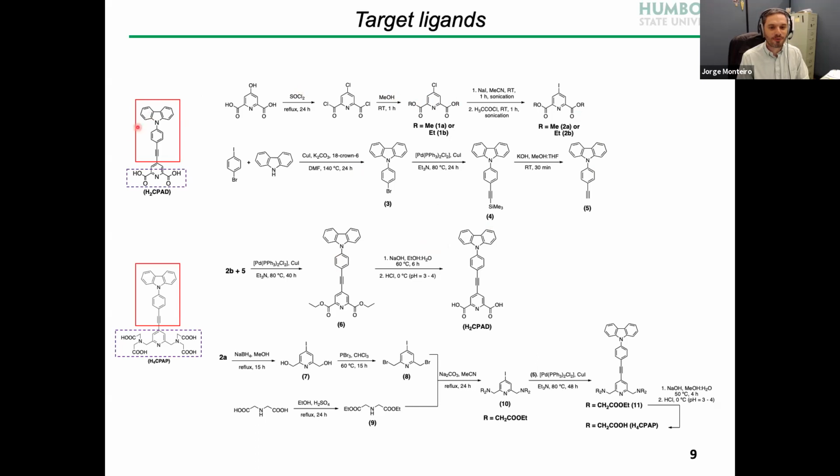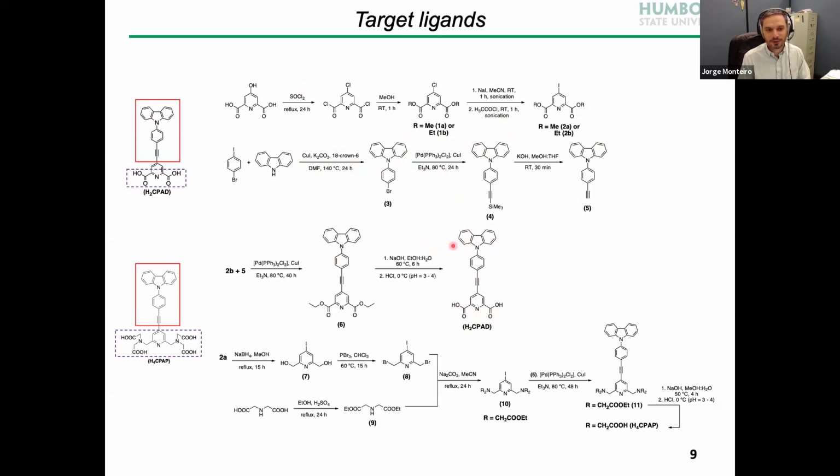So for those ligands, it's quite a long synthetic route. Not that the reactions are complicated, it's just usually overnight reactions, and you end up needing to run a column, so that will take a little bit of time, but we can easily get to the target ligands.